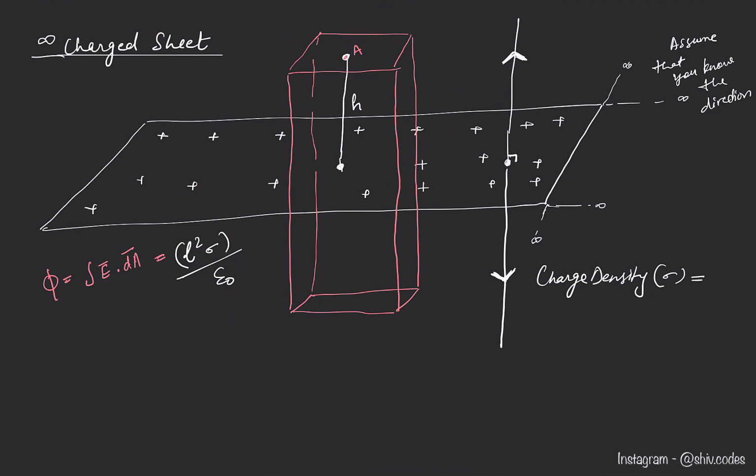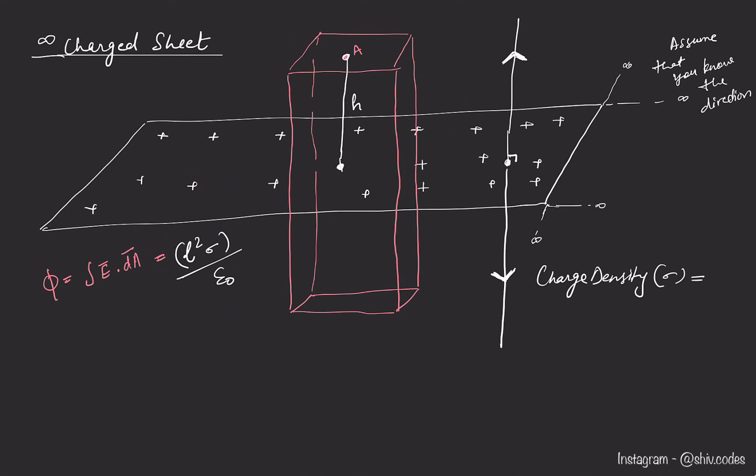It's difficult to visualize here, but only the top and bottom surfaces are the ones through which the electric field lines are not parallel. For the other 4 sides, the electric field lines are parallel to these 4 sides. Therefore the area vector here would be perpendicular to the electric field lines, and hence the flux would be 0 through these 4 sides. Only the flux through top and bottom would matter.